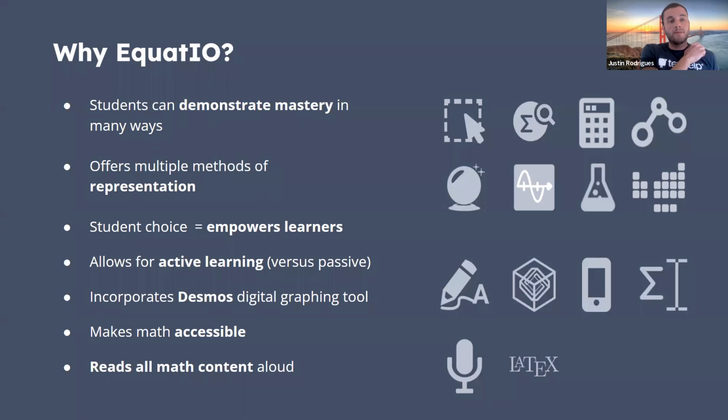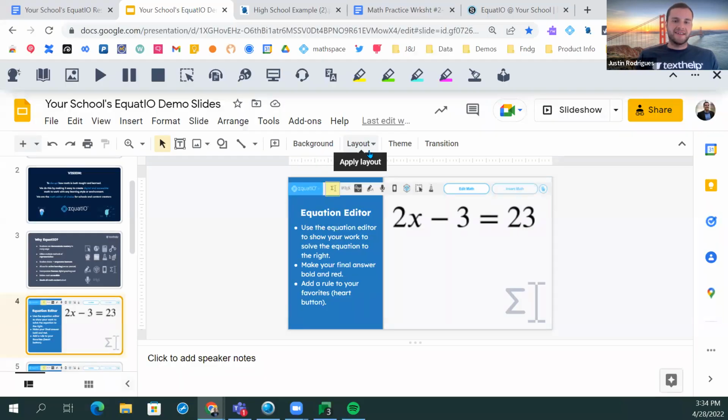Equatio is a one-stop shop for the digital transformation of STEAM. It allows its users to demonstrate mastery and represent their work with its multiple input methods, promoting empowerment through choice and boosting active learning while making STEAM concepts accessible for all. So that's it right there. That's the Band-Aid.